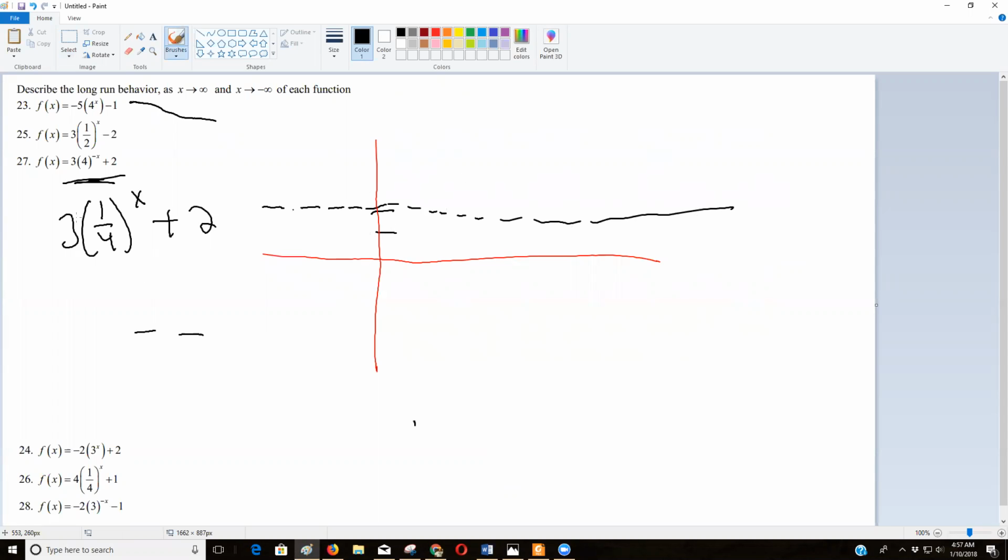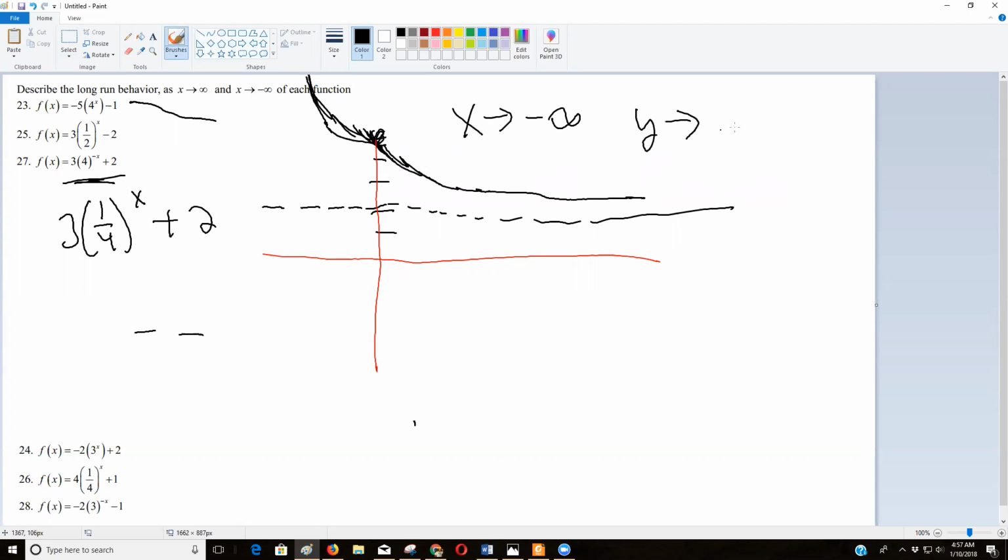If I substitute in 0 for x, that's going to give me 1/4 to the 0 is 1, times 3 is 3, plus 2 is 5. So 3, 4, 5. So it crosses like this. It's a decay equation, so it looks something like this. So as x approaches negative infinity, what's happening to y?